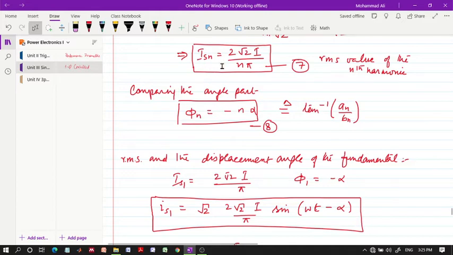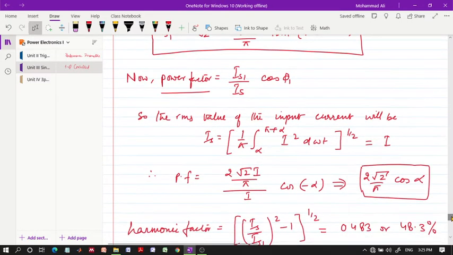So IS1 will be equal to 2 root 2 I by pi, and phi 1 will be equal to minus alpha. So if I write it in terms of a sinusoid, RMS value times root 2 will give us the peak magnitude, sine of omega t minus alpha.